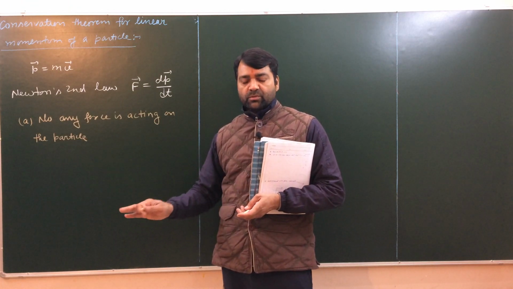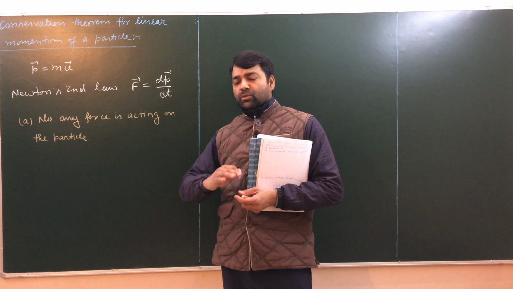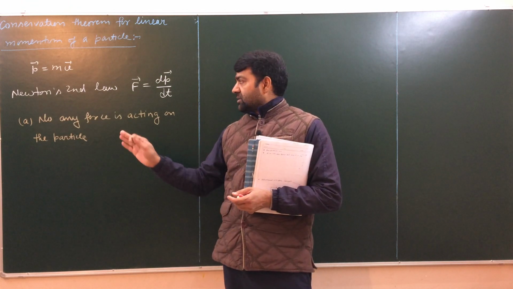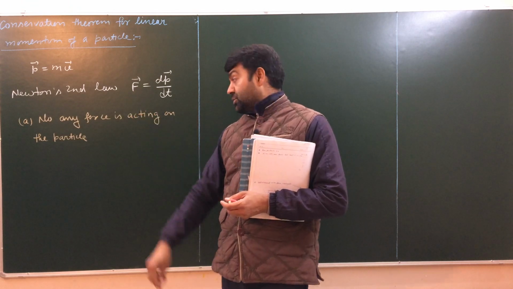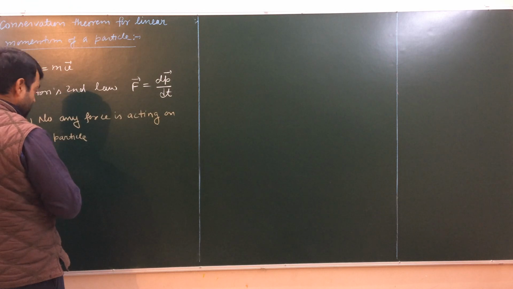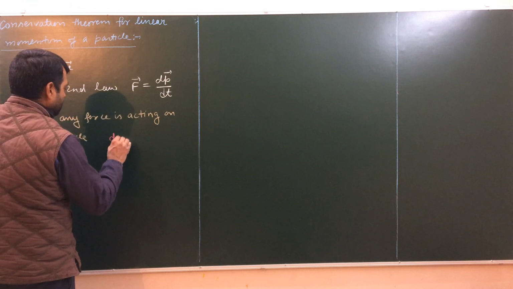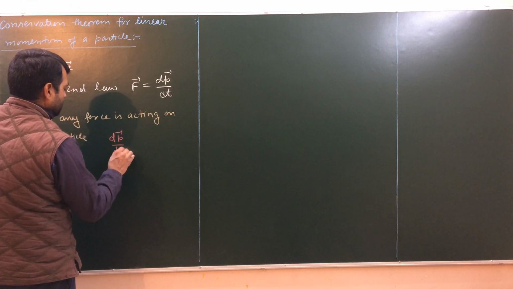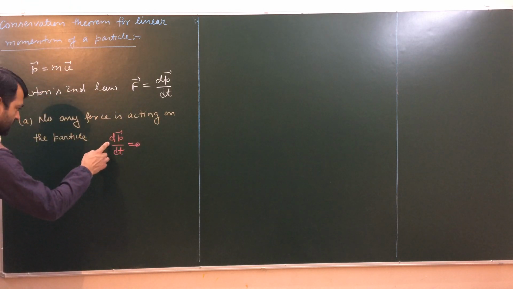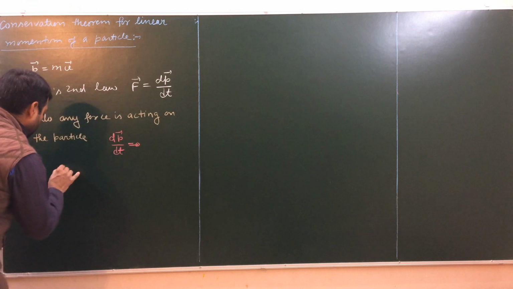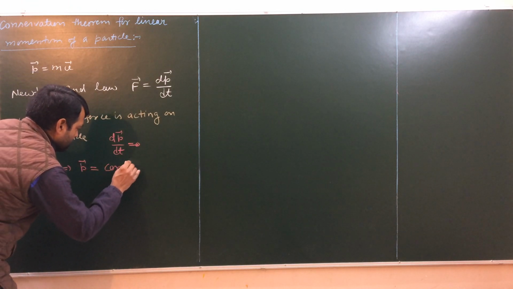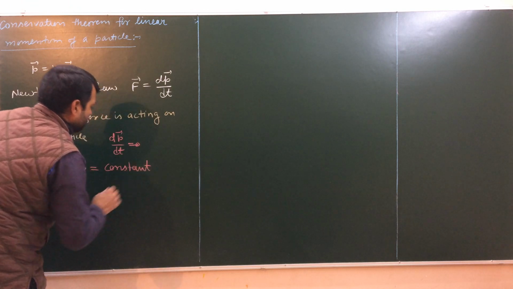There is no force field. So if there is no source of interaction with the particle, the force F is 0. In that case, dp by dt equals 0, and the differentiation of P being 0 implies that P is constant. It's not going to change.